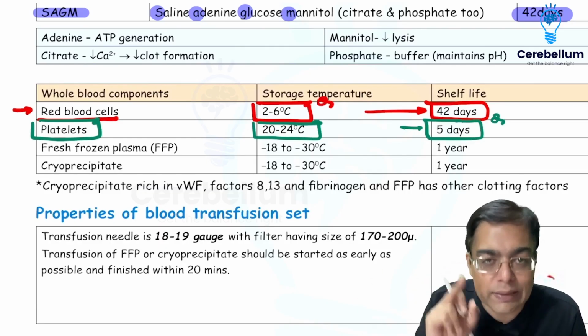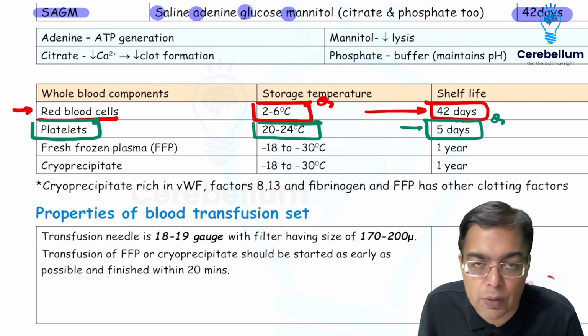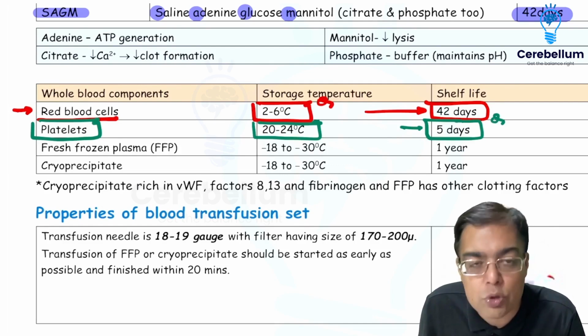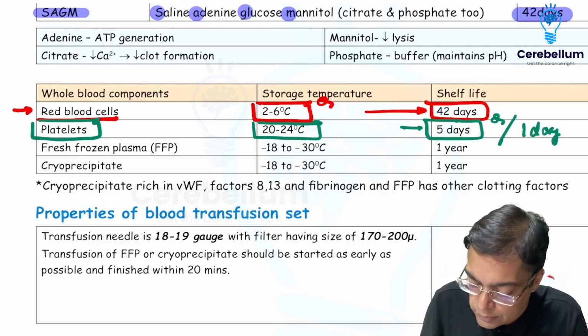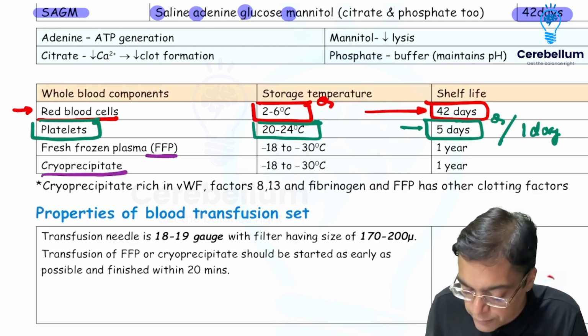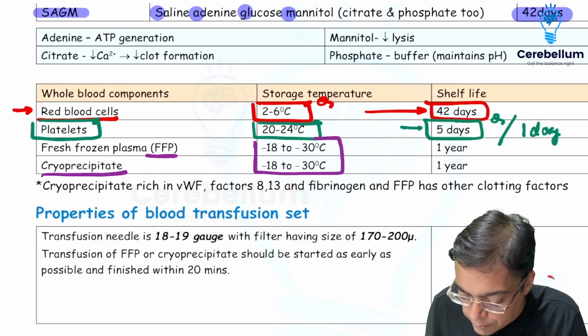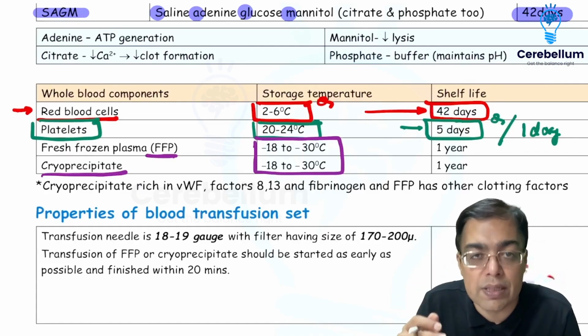If you are using an agitator, the shelf life of the platelets over here, half-life is a term that is used for drugs actually, shelf life over here happens to be 5 days. If you are not using the agitator, the platelets' shelf life is only 1 day, right? The third component that we need to remember over here is fresh frozen plasma and cryoprecipitate. Both are kept at a frozen temperature, minus 18 degrees Celsius to minus 30 degrees Celsius.